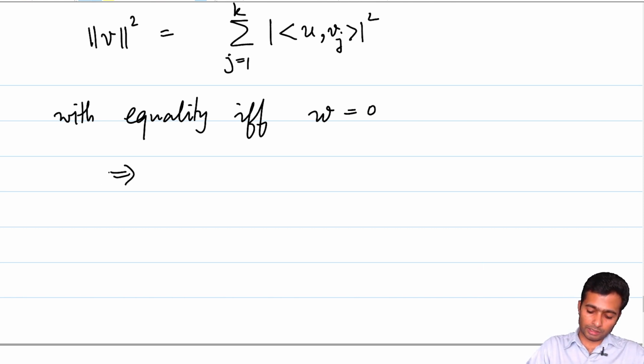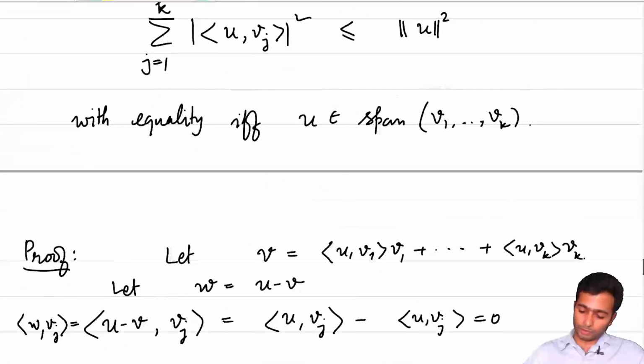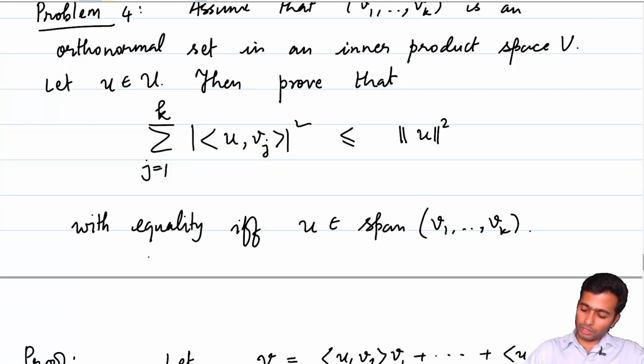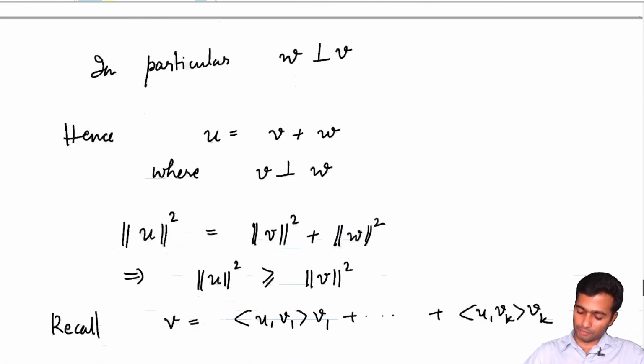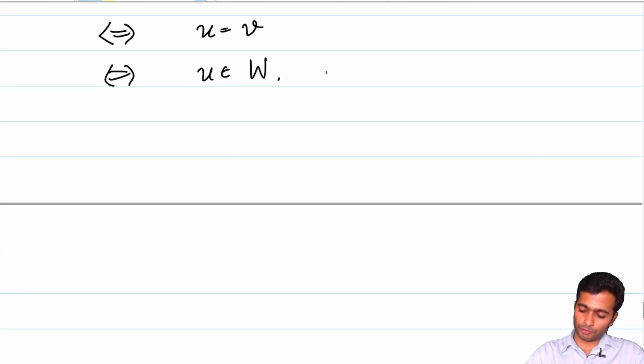That means that this is if and only if U is equal to V, which is if and only if U belongs to W. Alright, so we had set out to prove this inequality, and the equality is something which we just observe as following when w is equal to 0. And with that, we have completed the proof of Bessel's inequality. Alright, so let me stop here.